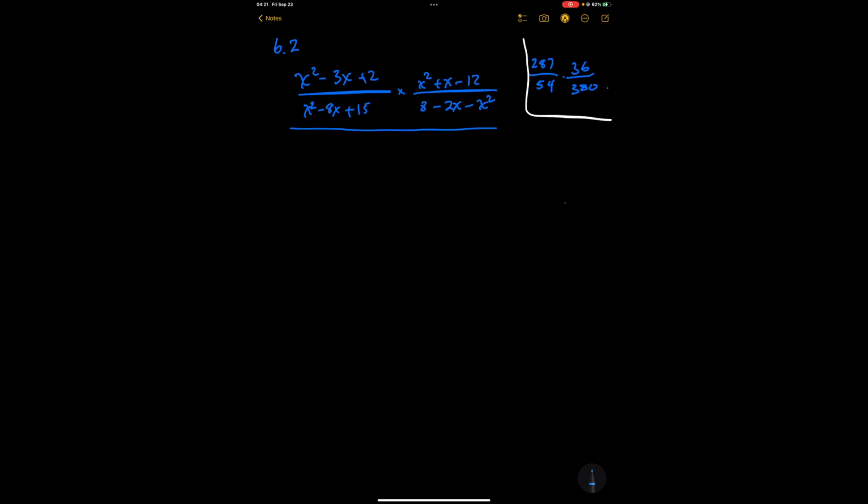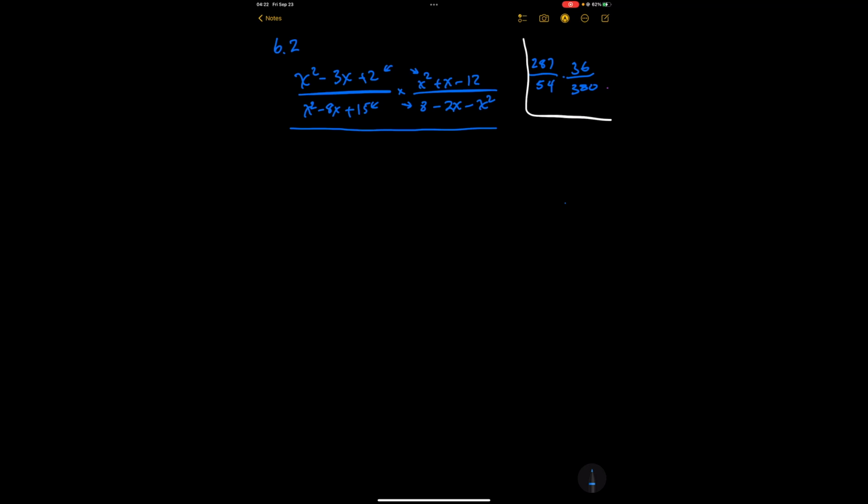And these right here are basically polynomials. That's a polynomial, and that's a polynomial, and that's a polynomial, and that's a polynomial. It is just written in a rational function type. So we need to simplify them first and then multiply later on. So how are we going to do that?